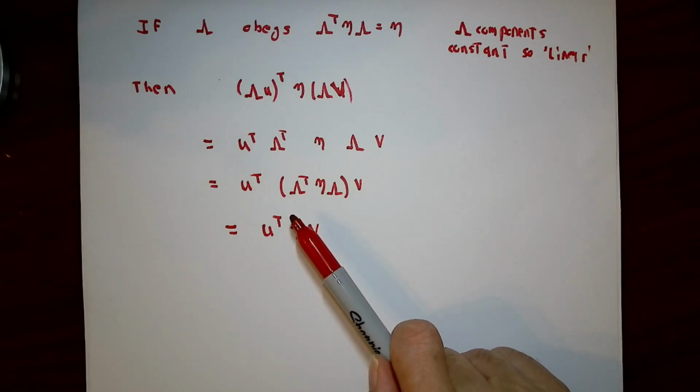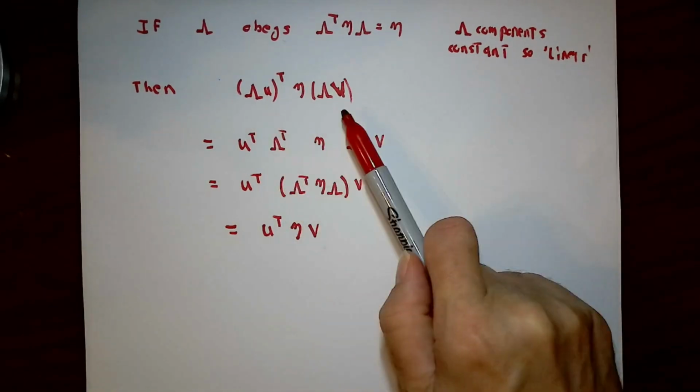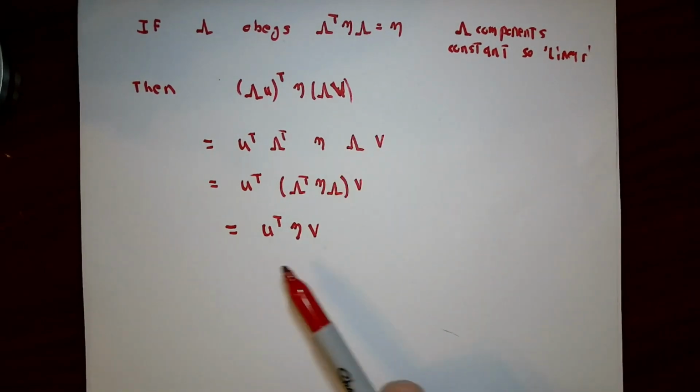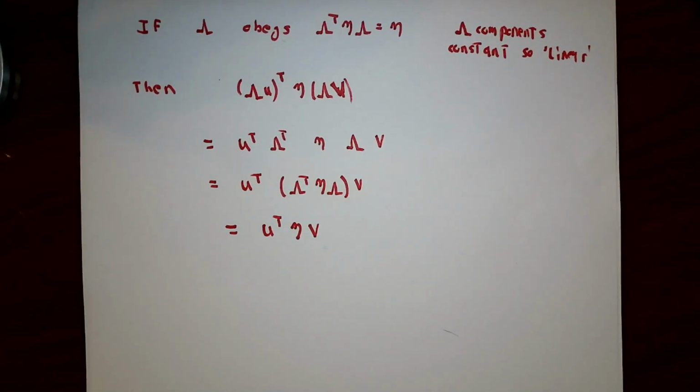Here, lambda transpose eta lambda by hypothesis is eta. This quantity and that quantity are the same. So if I have a constant lambda with respect to the coordinates, so that I have a linear transformation, and if this is true, then the transformation lambda preserves the dot product.